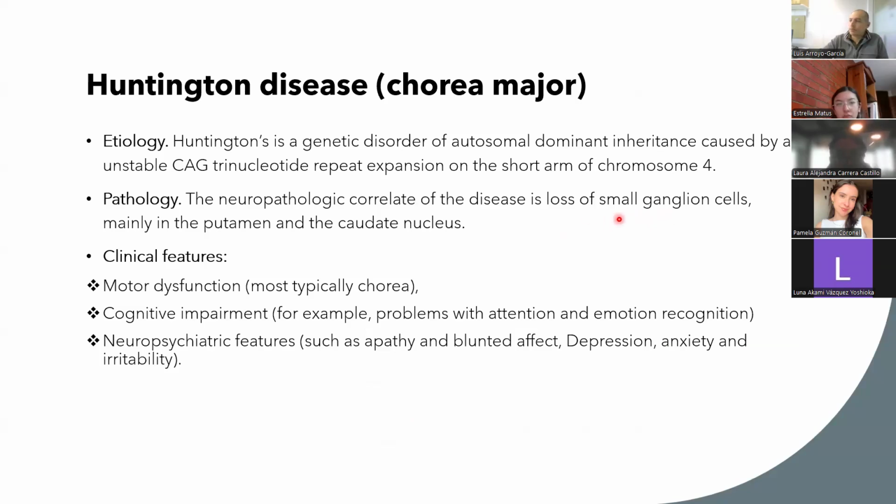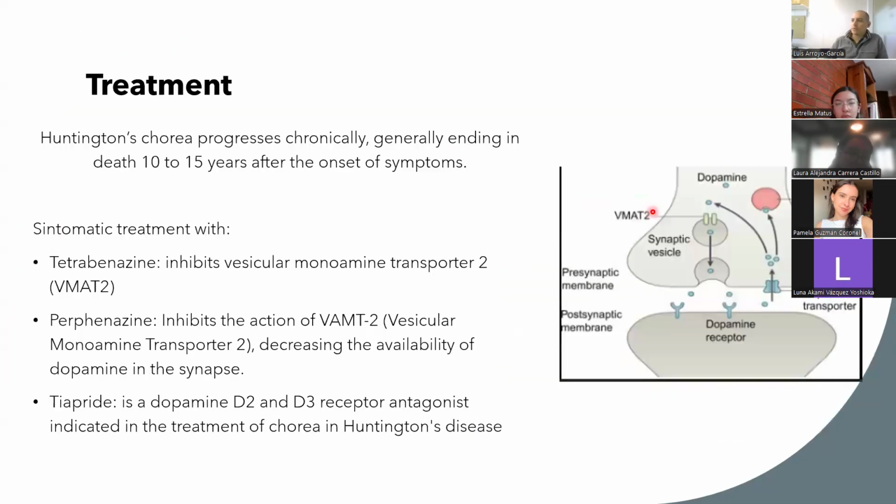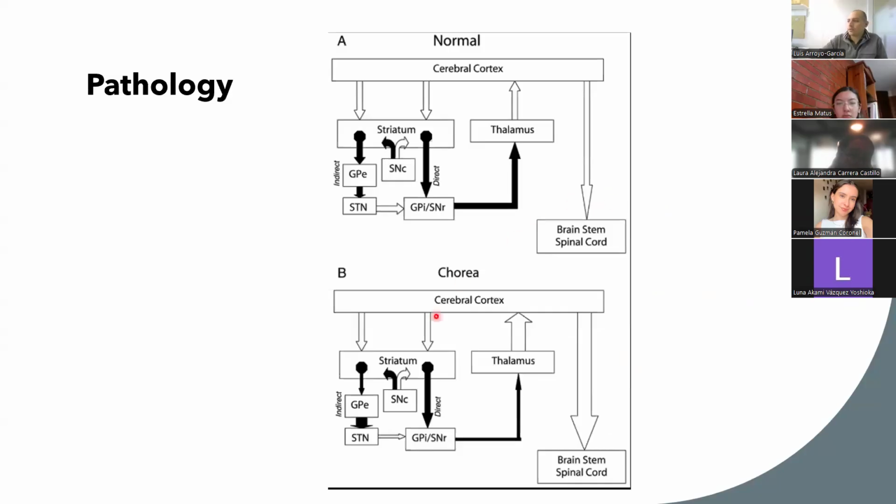here, right? So in this case, we have the loss of small ganglion cells in the putamen and the caudate nuclei. So basically what we have here is that in the striatum we have a huge inhibition to the globus pallidus.